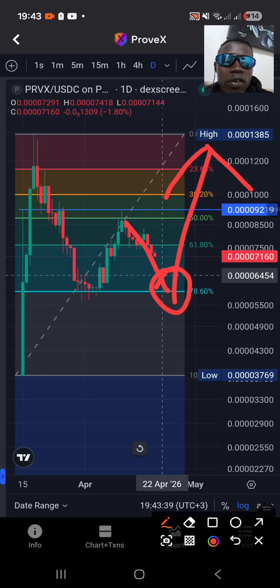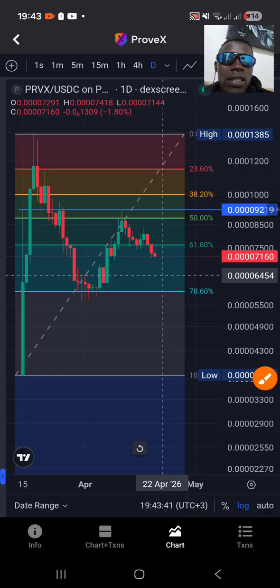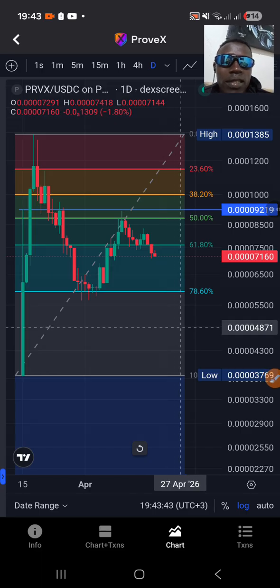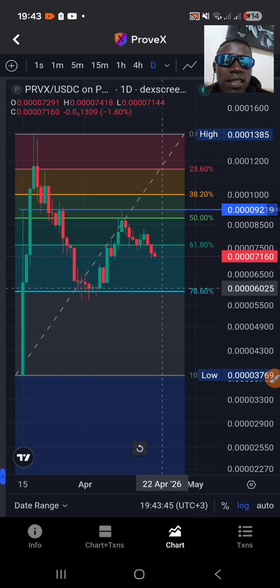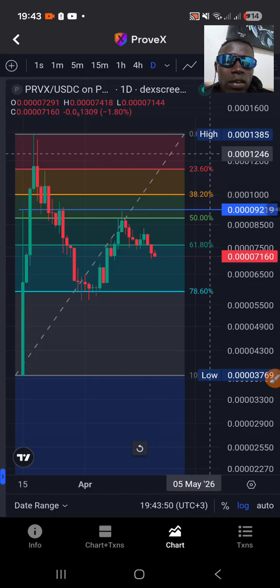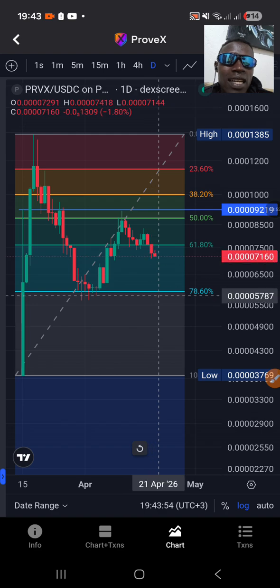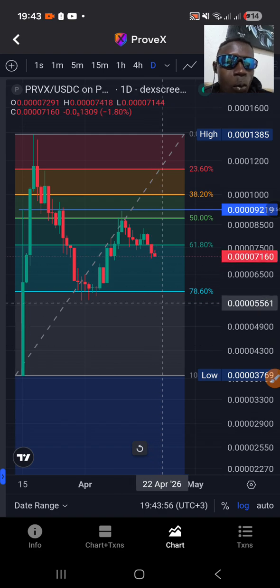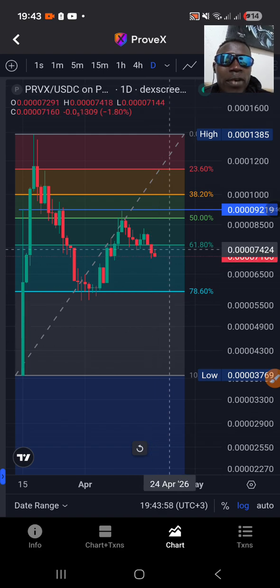Before all this happens, we will get a good signal around this place, around either the 78% or even lower, and then we are going to confirm the bullish trend. Or it can just happen in one single drop, and then price will correct.